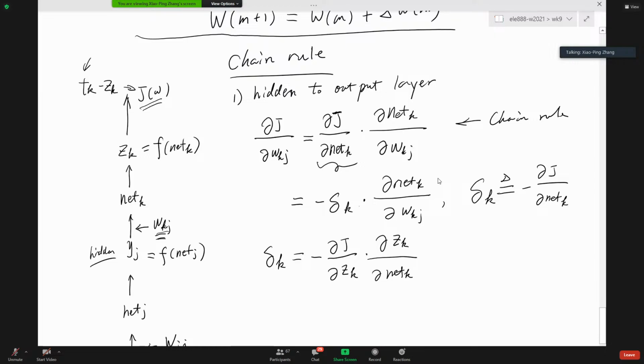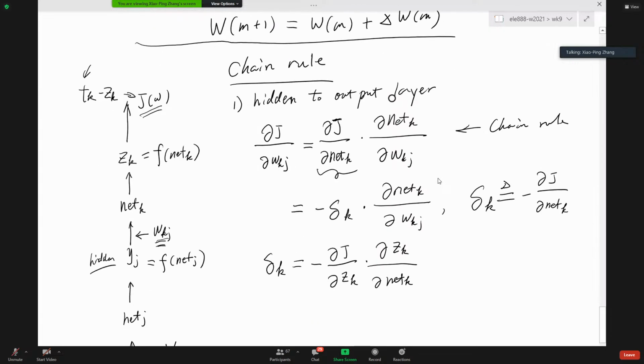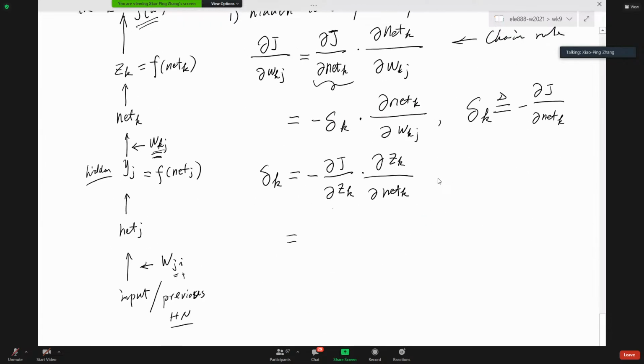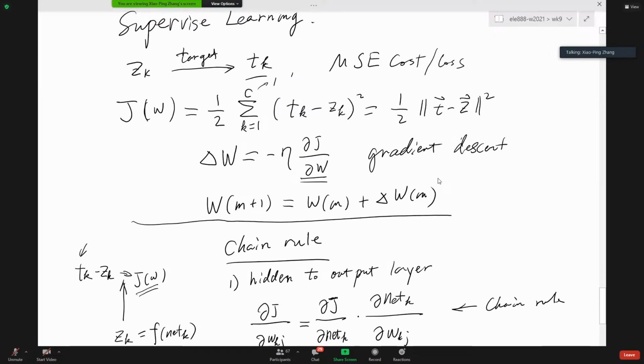Partial J over partial z_k is straightforward. We pull the two down, so it's 2 times (t_k minus z_k). This is minus, so it's positive, and it becomes t_k minus z_k. Here we assume c equals 1 just to keep it simple. If there are multiple outputs, just put the sigma there.